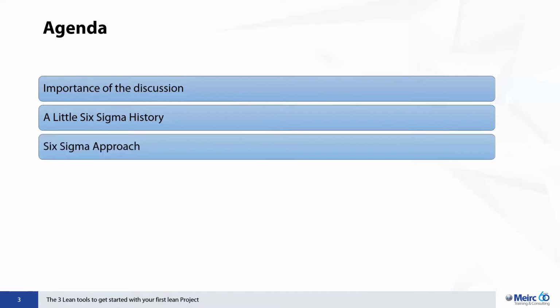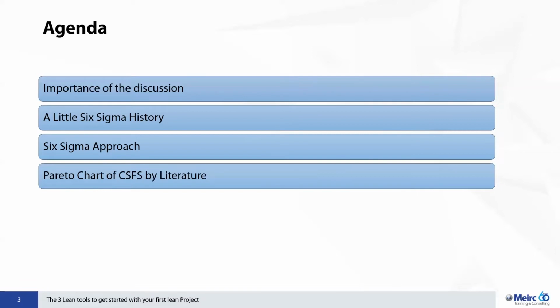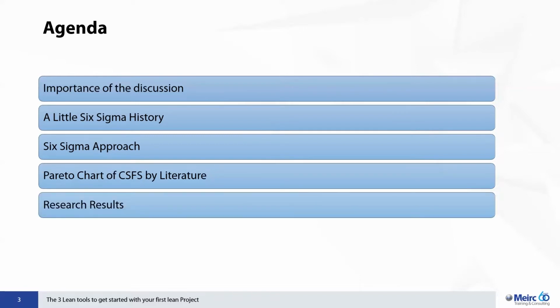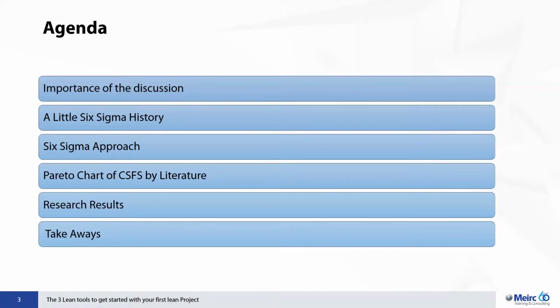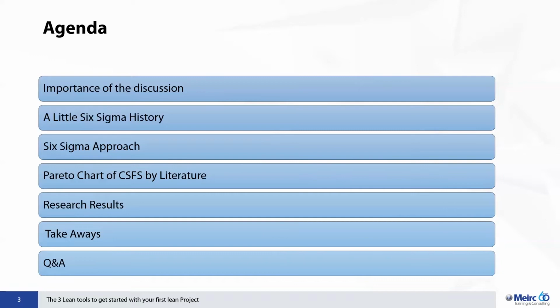And third, the approach that Six Sigma uses to actually achieve process improvement in all sectors in every function. And then we will get into the results of the research, talking about the critical success factors that were revealed and discussed during the literature review, and then the research results that were revealed based on the survey and based on the one technique that I used throughout the research. Takeaways, and then we can take your questions and maybe try to answer some of your inquiries.